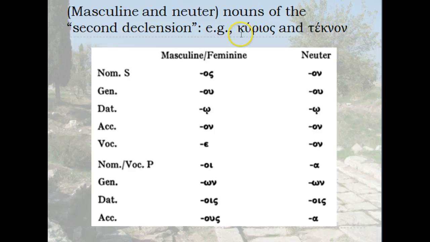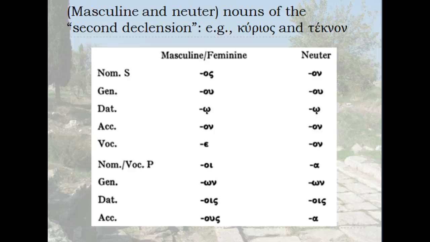And I would take some of the vocabulary words and I would work them through this entire paradigm. Kurios, that's Lord as probably the subject of a sentence. Kuriou, that's Lord as a descriptor, so probably of the Lord, as in the word of the Lord, logos kuriou. Kuriou there, the u signals that Lord is describing, telling us what kind of word this is.